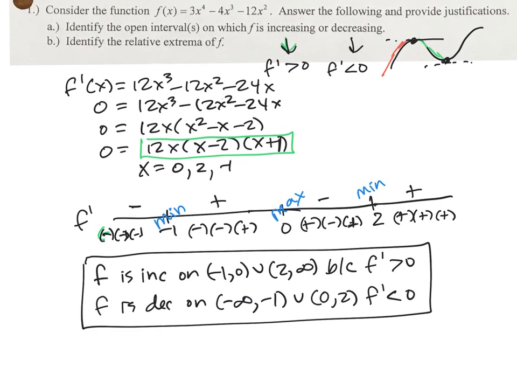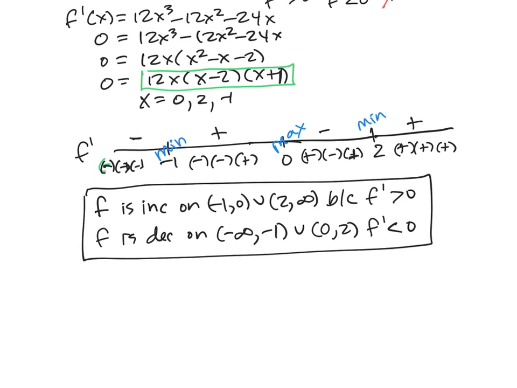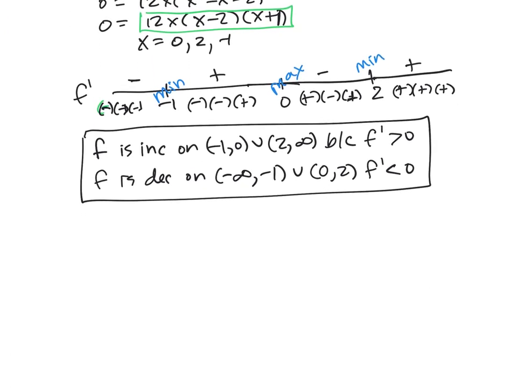It does say identify the relative extrema, so I guess we should go ahead and say what those y values are. So let's write our justification like this, for letter B. We're going to say f has a relative min of, and we're talking about the first relative min that happens here at -1. If we want to actually know what that minimum is, we'd have to evaluate the function at -1. Well, I'm not terribly interested in what that actual value is, so I'm just going to call it f of -1.